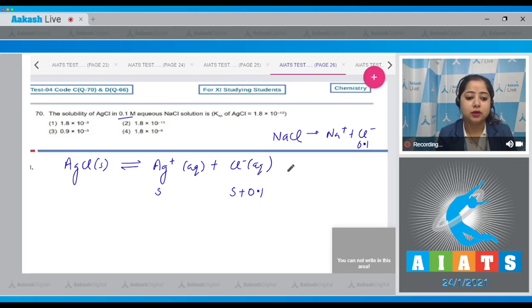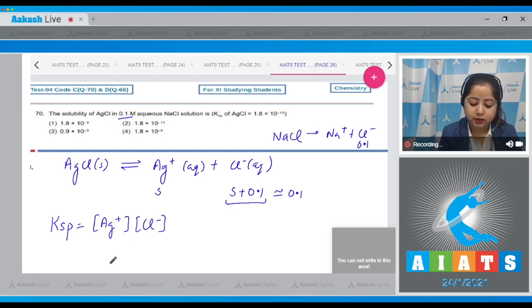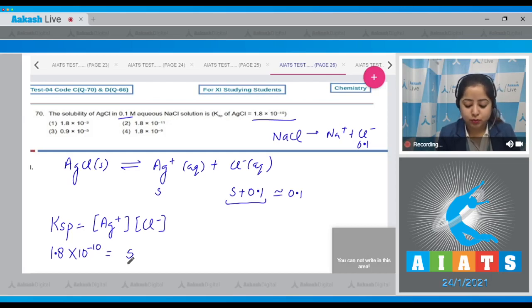And we have to calculate the solubility. Student, also the value of S plus 0.1 is approximately equal to 0.1, since the value of S is very small in comparison to 0.1. Now students, further Ksp is equal to concentration of Ag+ multiplied by concentration of Cl-. The value of Ksp is given, that is 1.8 into 10 raised to the power minus 10, which is equal to S multiplied by 0.1.